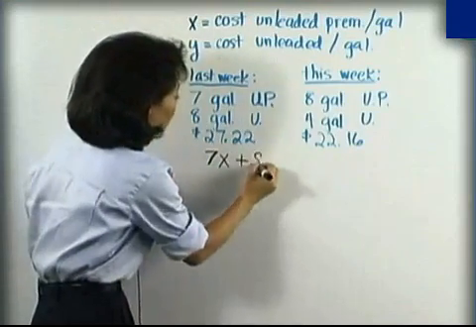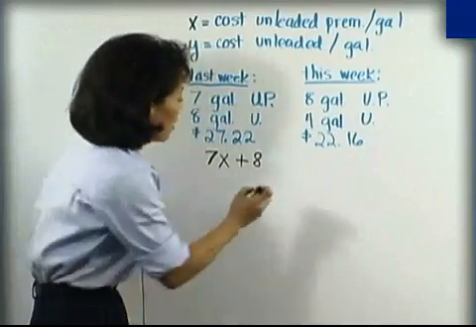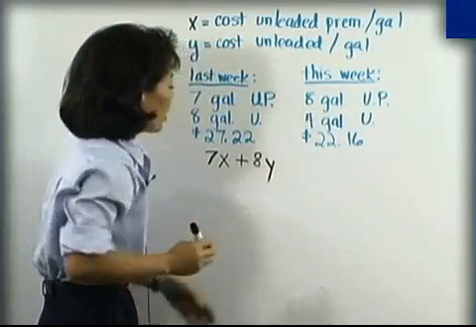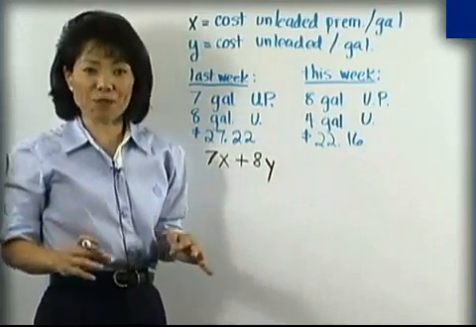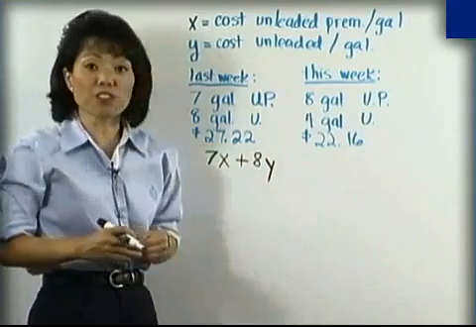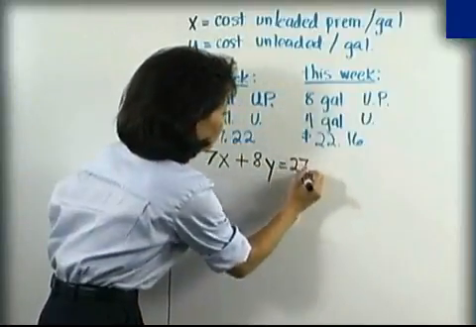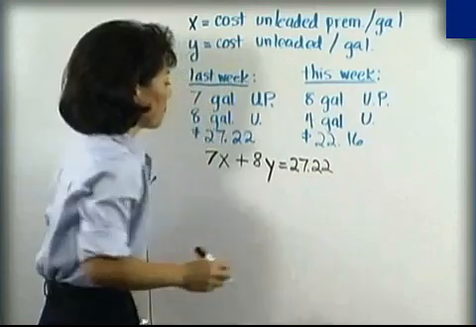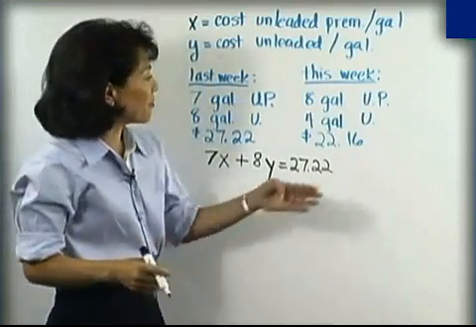So we're going to make that 8 times the cost of unleaded regular, which is Y. We know that this represents the total money he spent last week, which in this case was $27.22. We'll write that down.